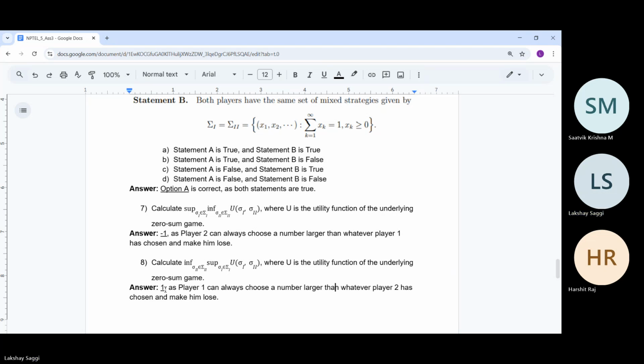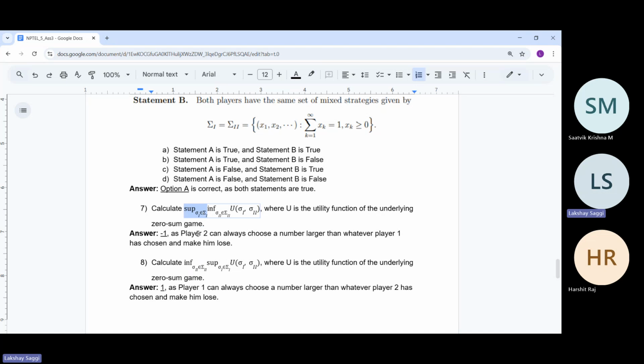I hope this kind of explanation makes sense. Why I'm saying player one can always choose a number larger than player two plays is because here player two is playing first and then player one is playing. Earlier I said that player two can always choose a number larger than whatever player one plays, because first player one is playing. So it might confuse you.